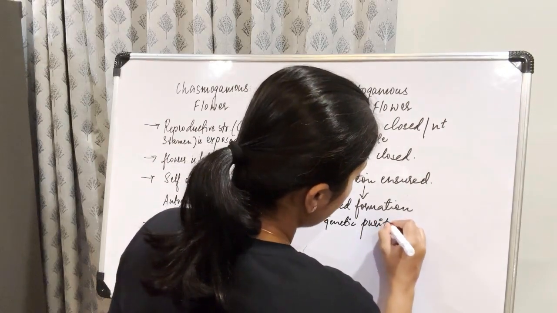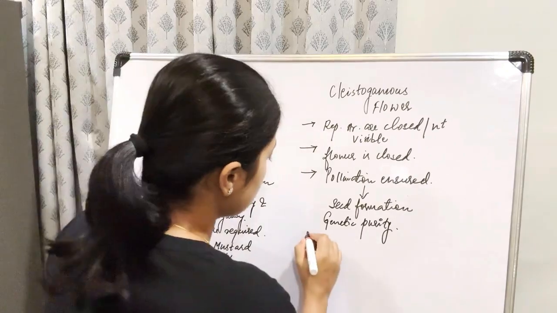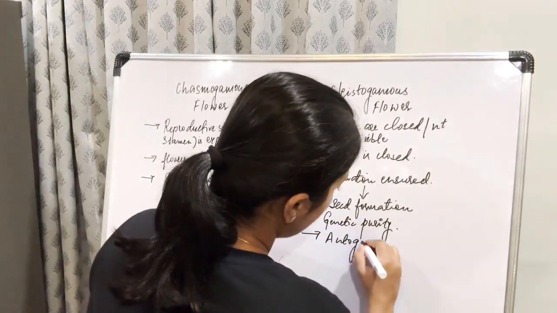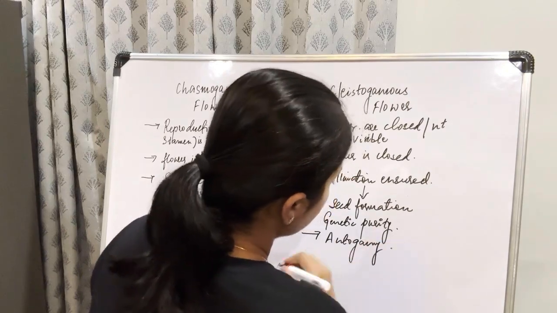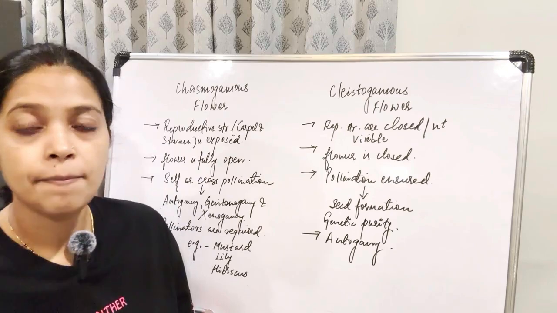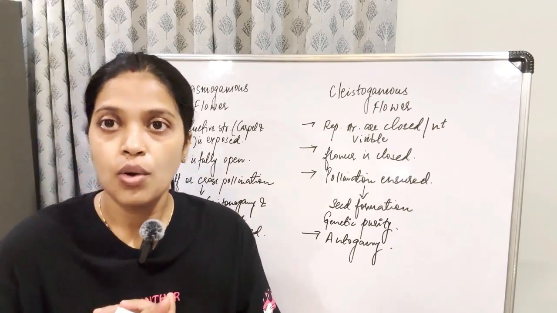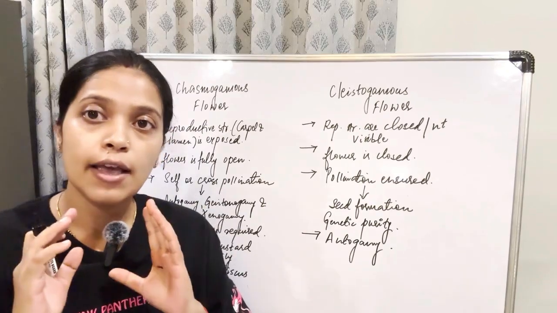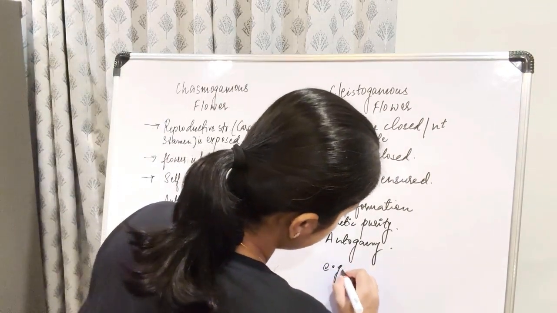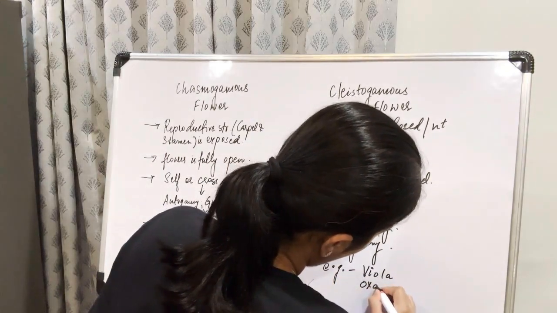There won't be any variation because there won't be any cross pollination. So here it always shows autogamy, that is always self-fertilization. Okay, it is occurring inside the flower. Okay, the example is viola and oxalis.